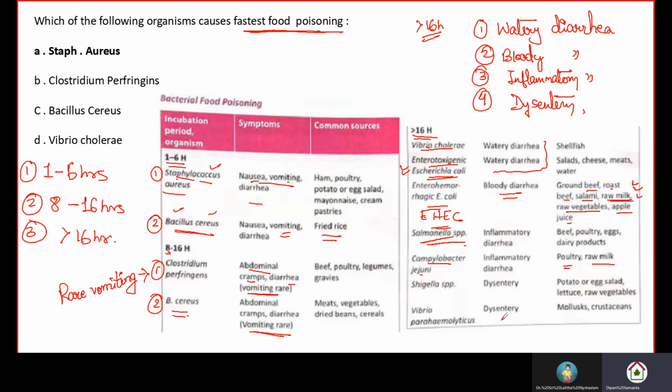And if there is dysentery, then two species: one is Shigella, another is Vibrio, not cholerae, Vibrio parahaemolyticus. Vibrio parahaemolyticus and Shigella. This is about dysentery. So this bacterial food poisoning table is very important, and from microbiology, one of the most important portions of the topic.